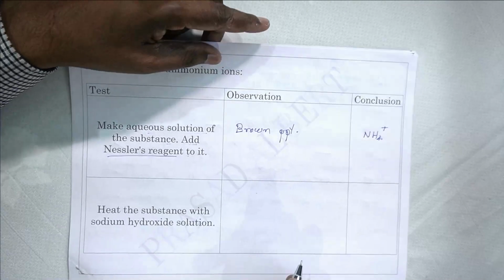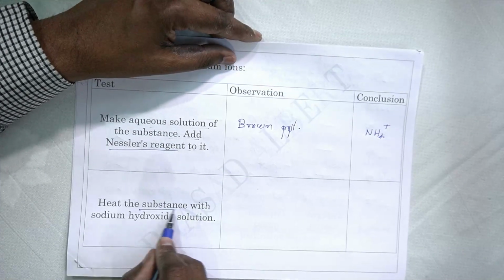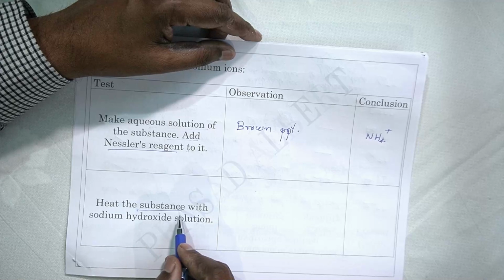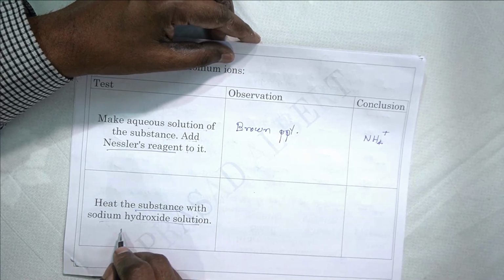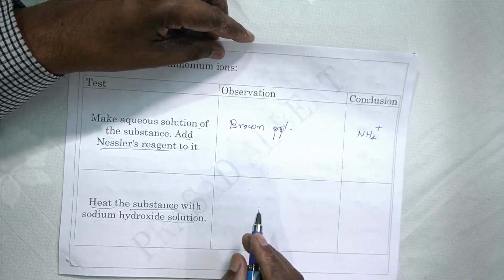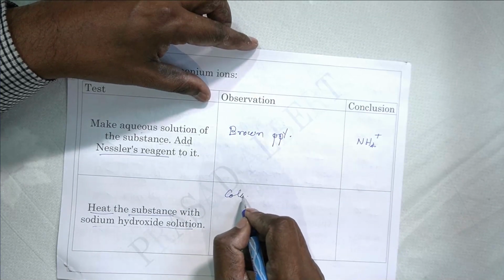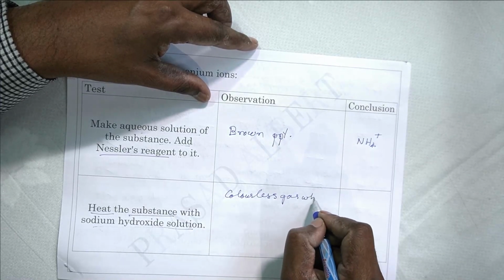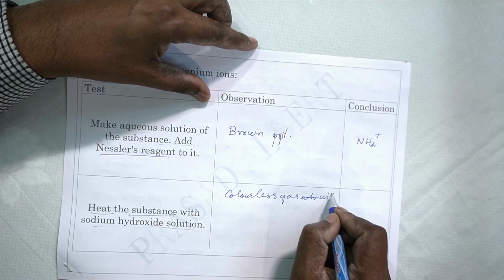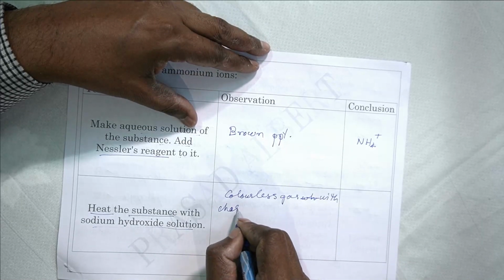Another test that can be conducted for the ammonium ion is, you take the solid substance, the salt, not an aqueous solution, add sodium hydroxide solution, and then heat it. You get a colorless gas with a characteristic pungent odor.